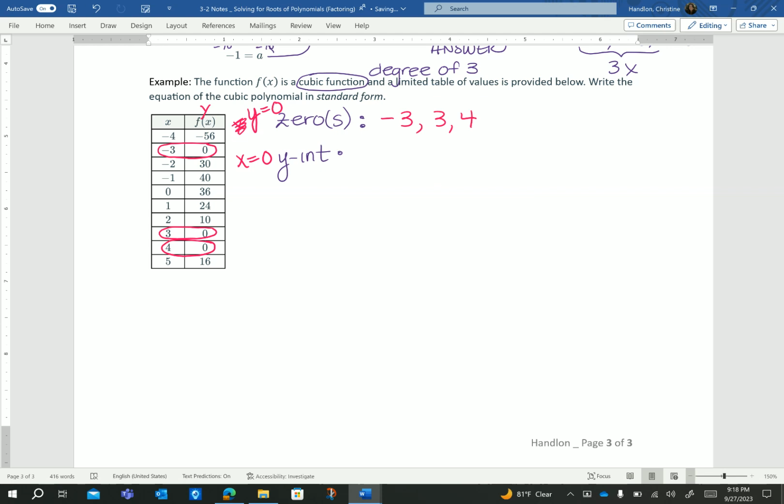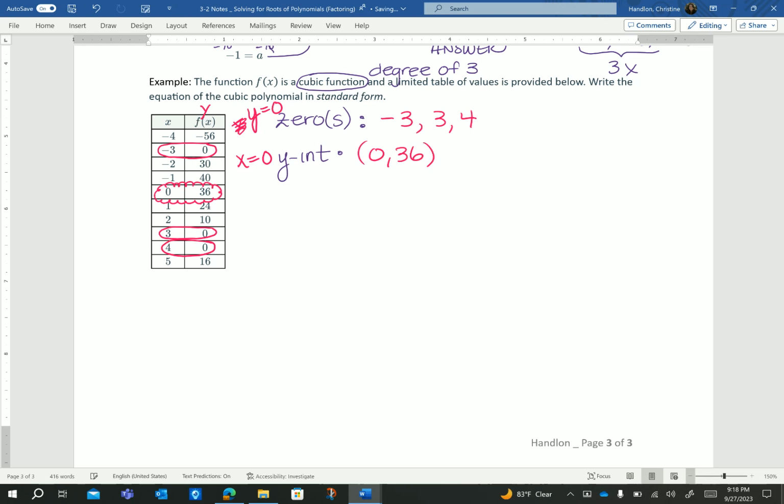What is my y-intercept? Well, my y-intercept is when x is 0. And my y-intercept is this one, because here my x was 0. So y-intercept is (0, 36).